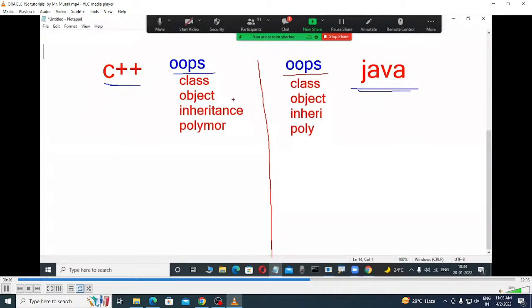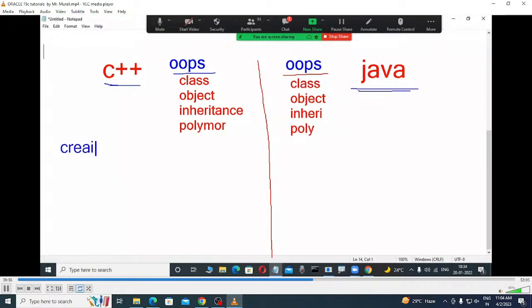Between C++ and Java, conceptually it is the same: class, object, inheritance, polymorphism, encapsulation, binding. But observe here. Suppose in C++ I want to create an object from the class, what is the syntax?